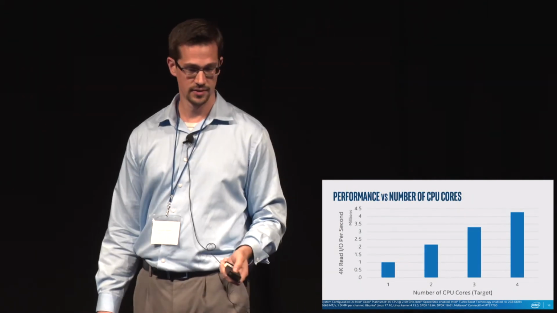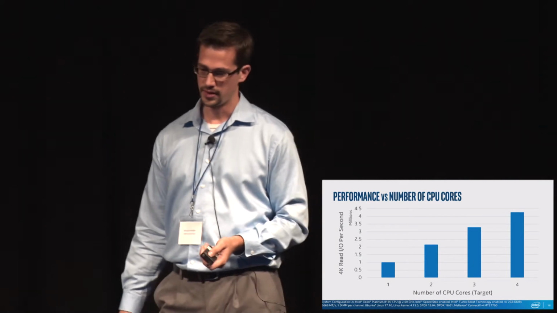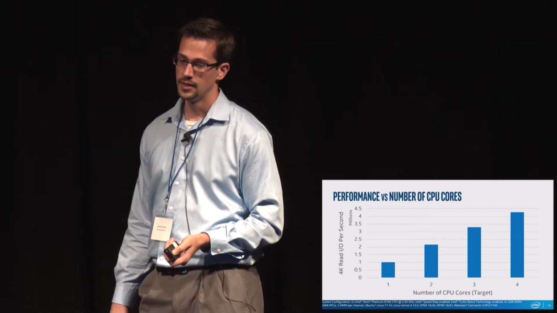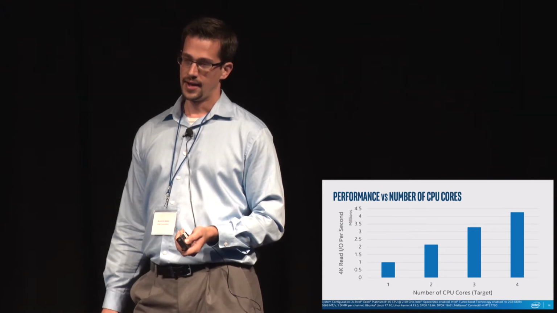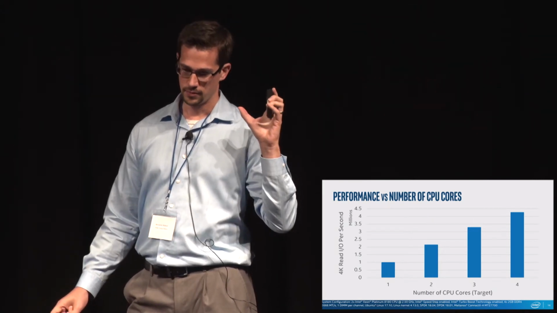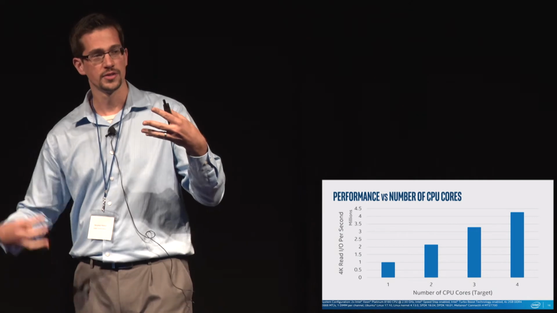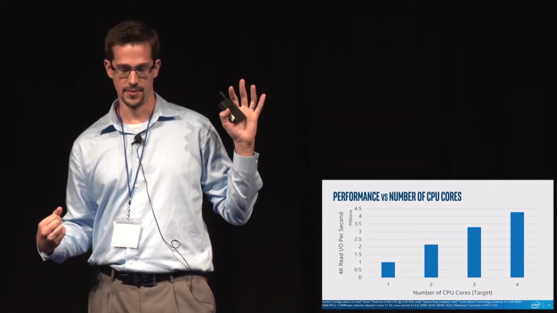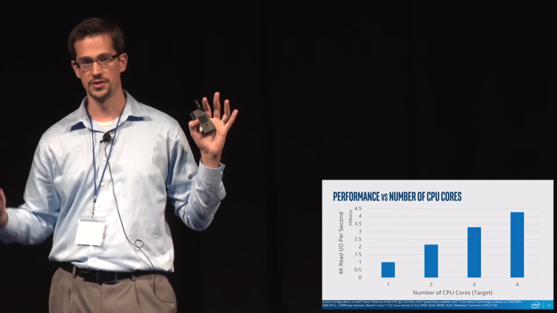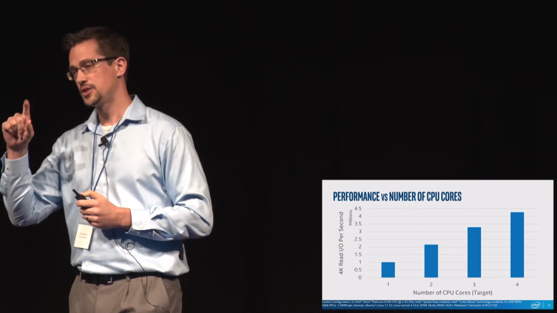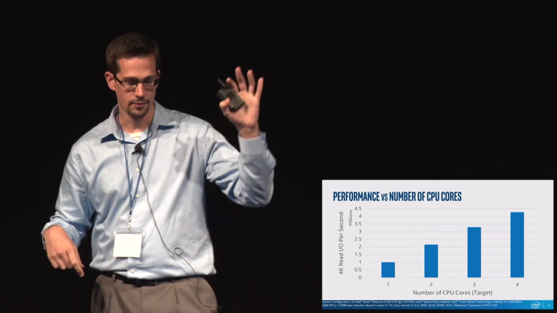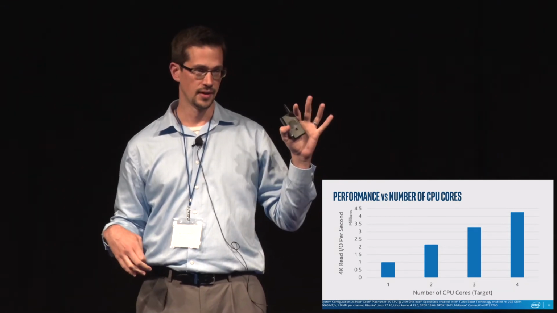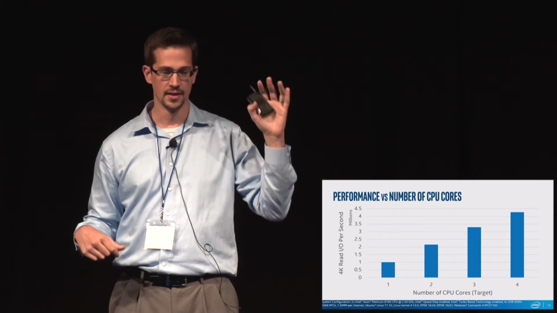Okay, and then my last chart here, before I go to questions, is performance versus number of CPU cores. So I have the same setup again. I have the 4 50 gig ports direct connected to each other. I've created 4 subsystems on the target. Each subsystem has 1 malloc disk. I've got 4 initiators running on the initiator side, 1 on each core.